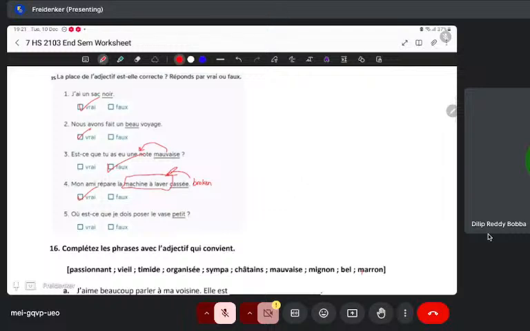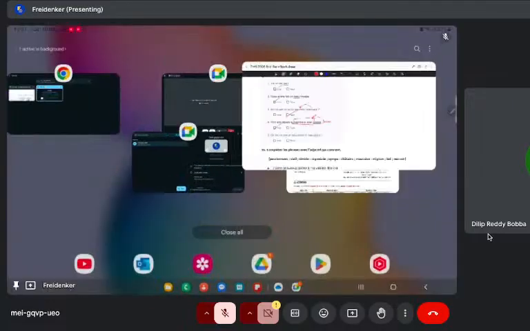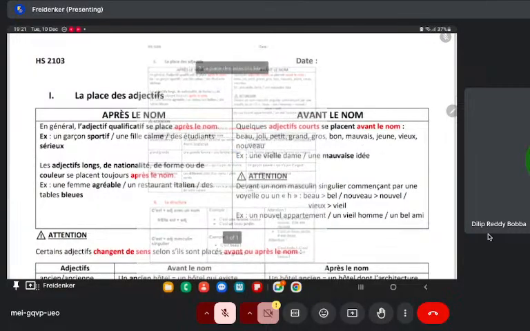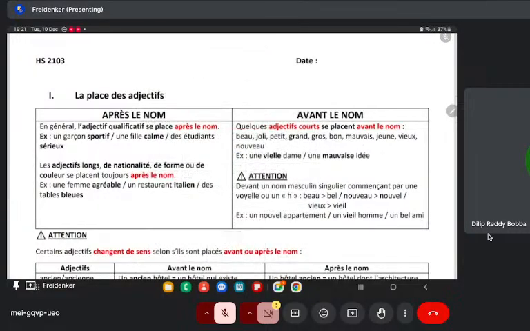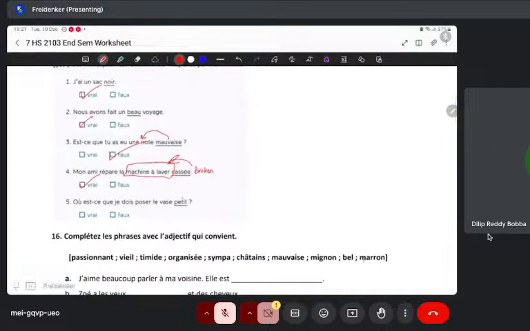Où est-ce que je dois poser le vase petit? Petit should come before, right? Because petit is short, and petit is talking about the size, so it should come before the noun. So this is incorrectly placed.